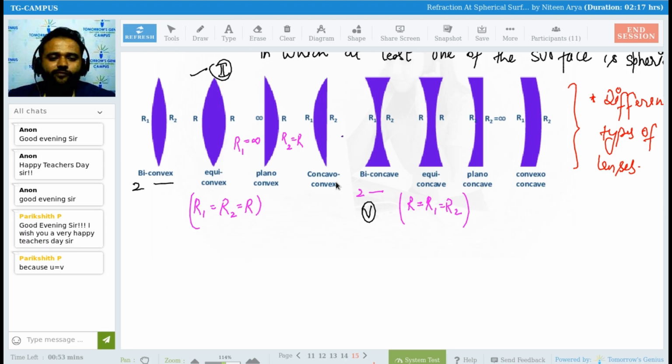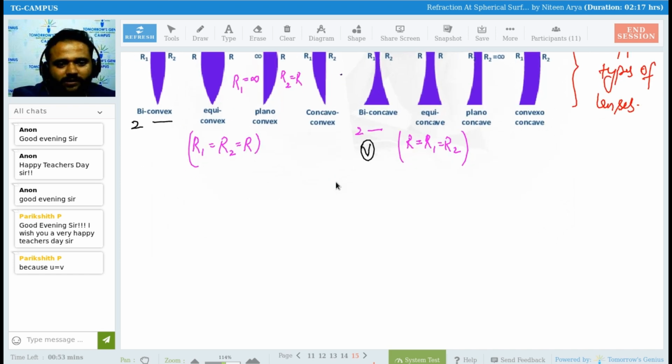The image formation done with the convex mirror is done in the same format with the concave lens. But in the lens system we have refraction, and in the mirror system we have reflection. Let me write it down.